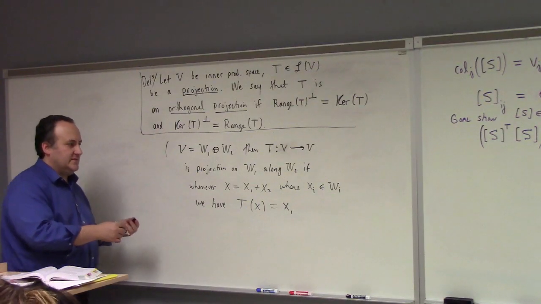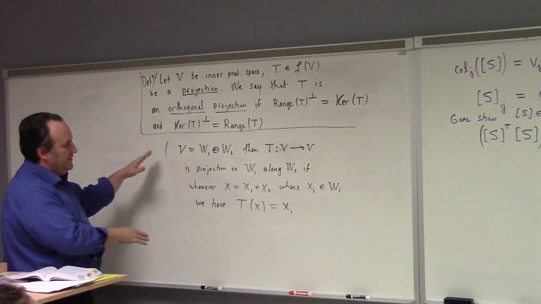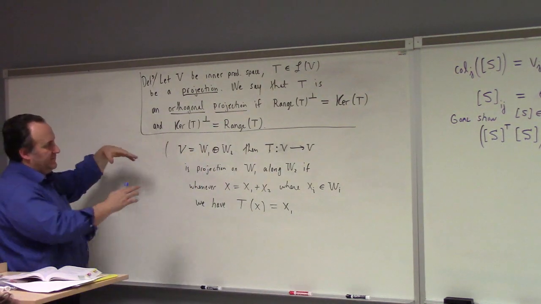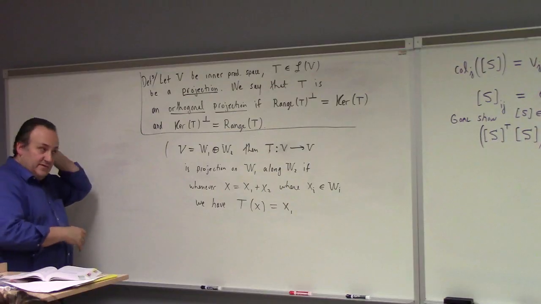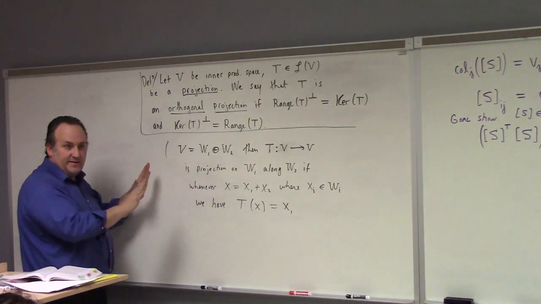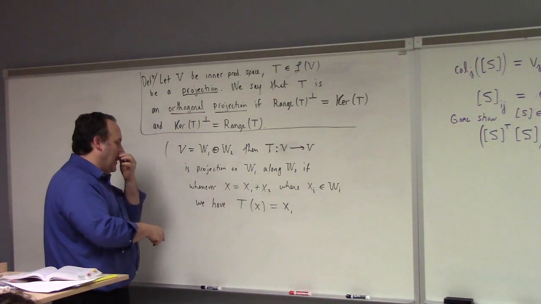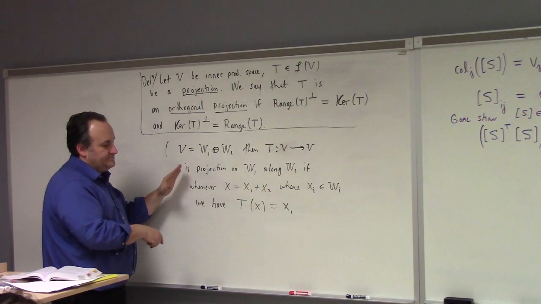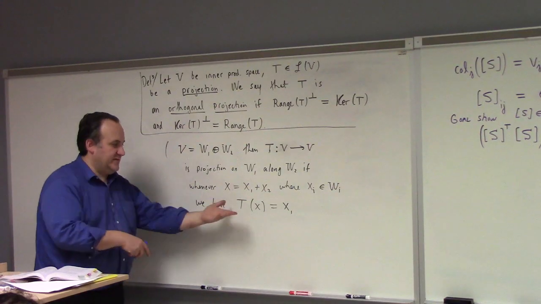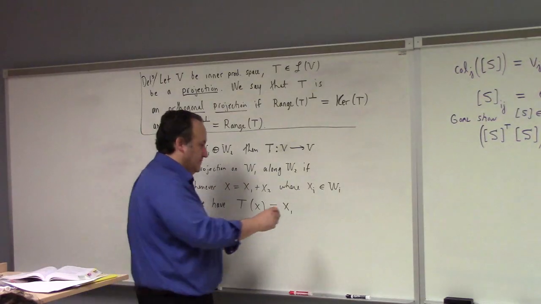Now, if this is the case, what's the deal with the kernel? We're not yet in the orthogonal stuff yet, but there's nothing about orthogonality in here necessarily, okay? So what's the kernel and the range of this map? Can you tell me?